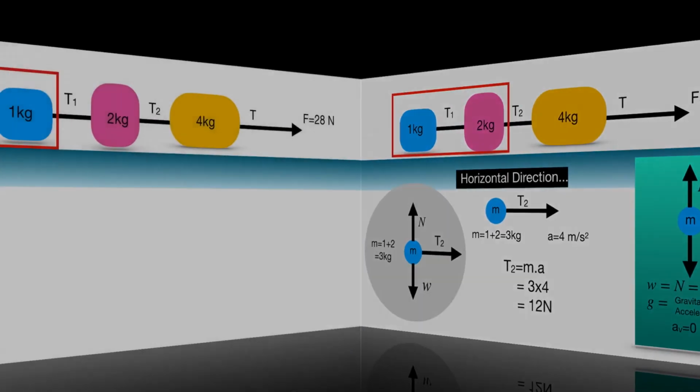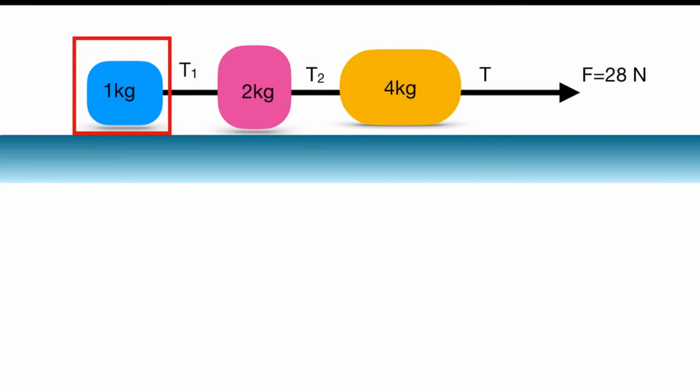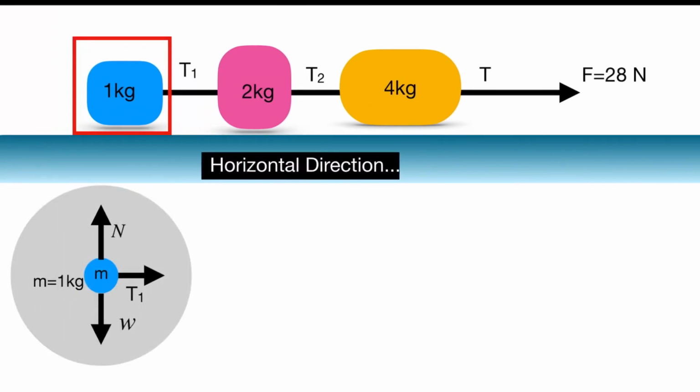Now let's consider a system of one block of 1 kg. In horizontal direction, 1 kg of mass is pulled by tension force T1 with acceleration A equal to 4 meter per second square.